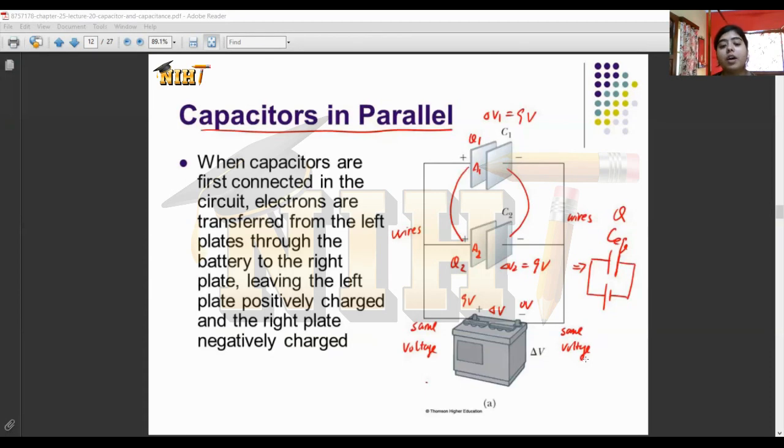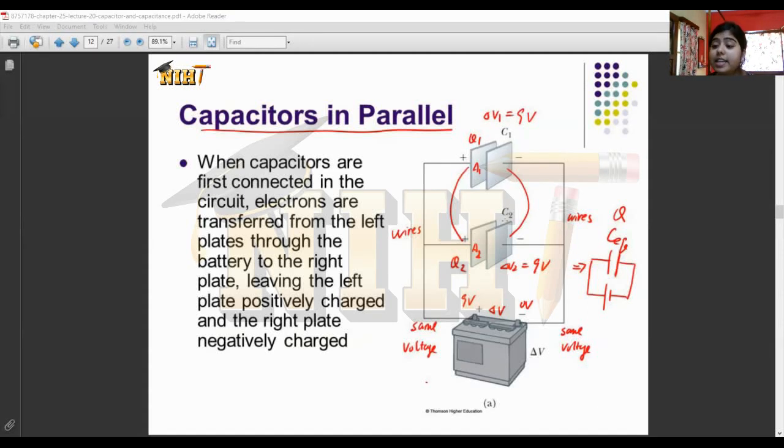Now we will talk about capacitors in parallel and capacitors in series. Capacitors are said to be in parallel when the potential difference across these two capacitors is equal, and the charges on the capacitors are different.